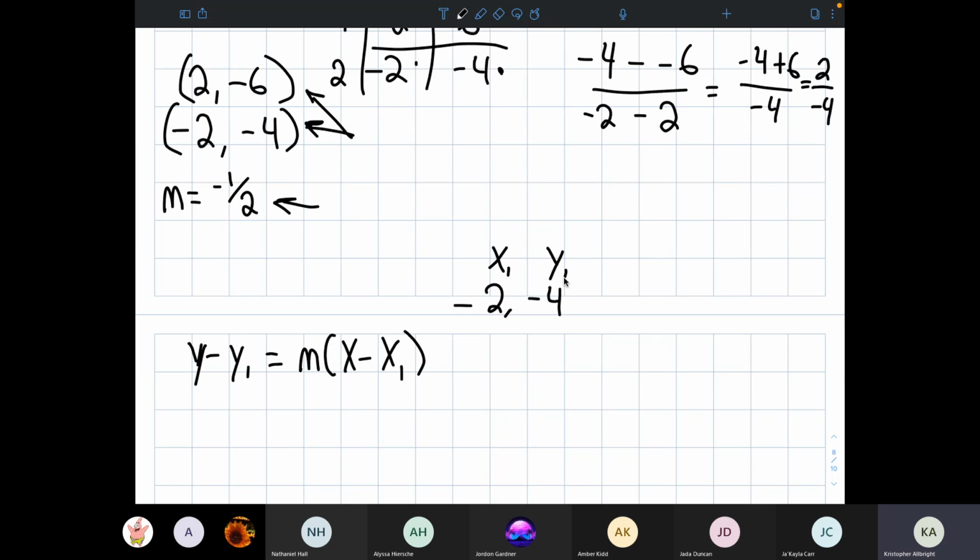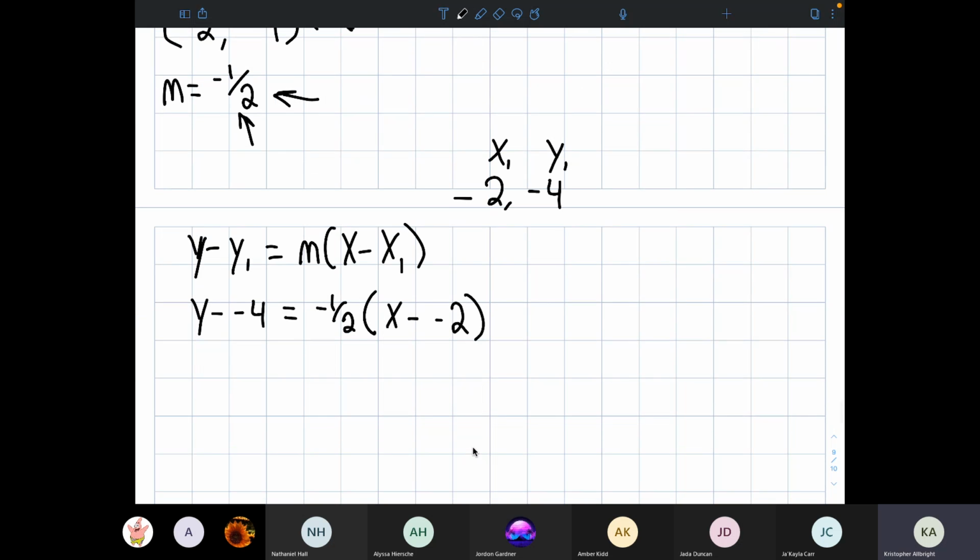So when we plug in, we're going to get y minus -4 equals -1/2, our slope up here, times x minus -2. So simplifying these signs down, y plus 4 equals -1/2 x plus 2.